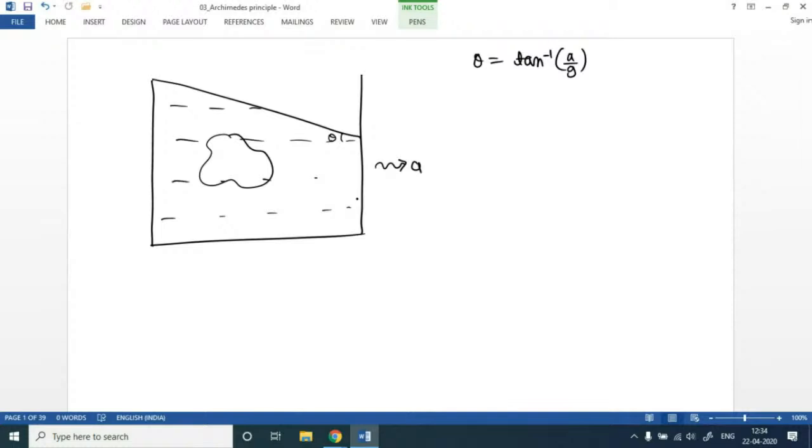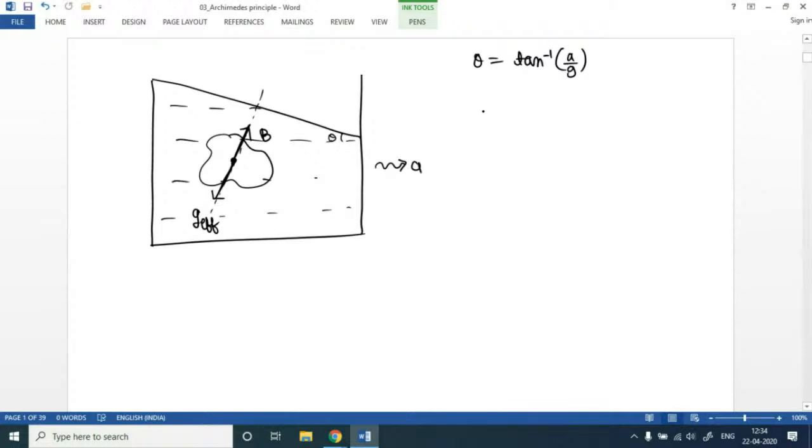The direction of g effective will be perpendicular to the open surface; g effective and the open surface are mutually perpendicular to each other. So the direction of g effective is in this direction, and the direction of buoyancy experienced by this body will be opposite to this. So this would be the direction of B effective, or B simply.